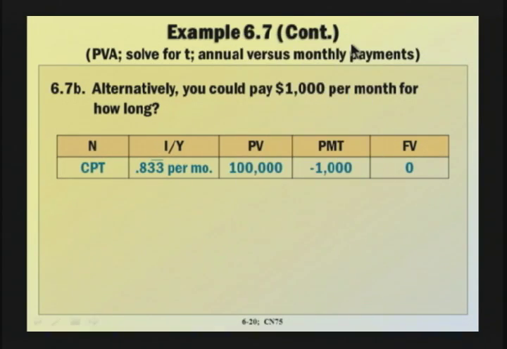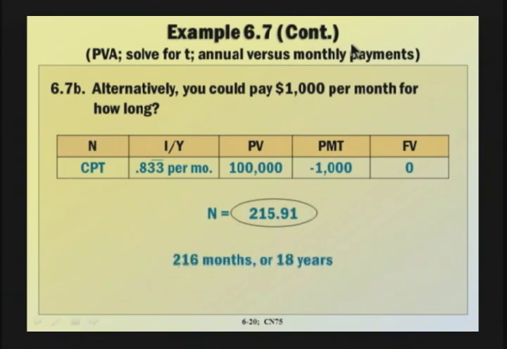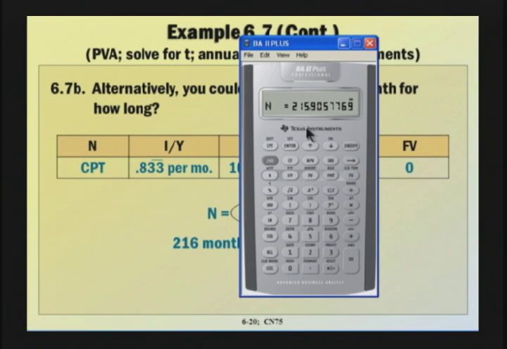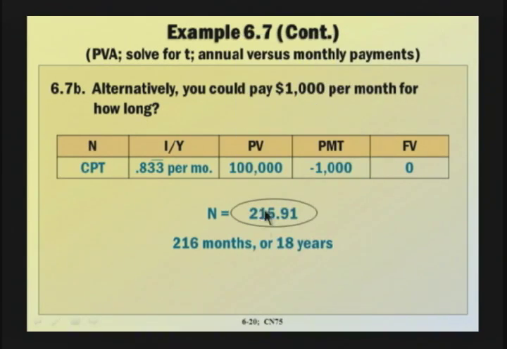Now, I know the 216 is months because I put in an interest rate per month and a payment per month. The calculator tells me I make 216 payments. I understand those are monthly payments. If I wanted it on an annual basis, then I would take the number of monthly payments and divide by 12 and see that I would pay the loan off in 18 years' time.